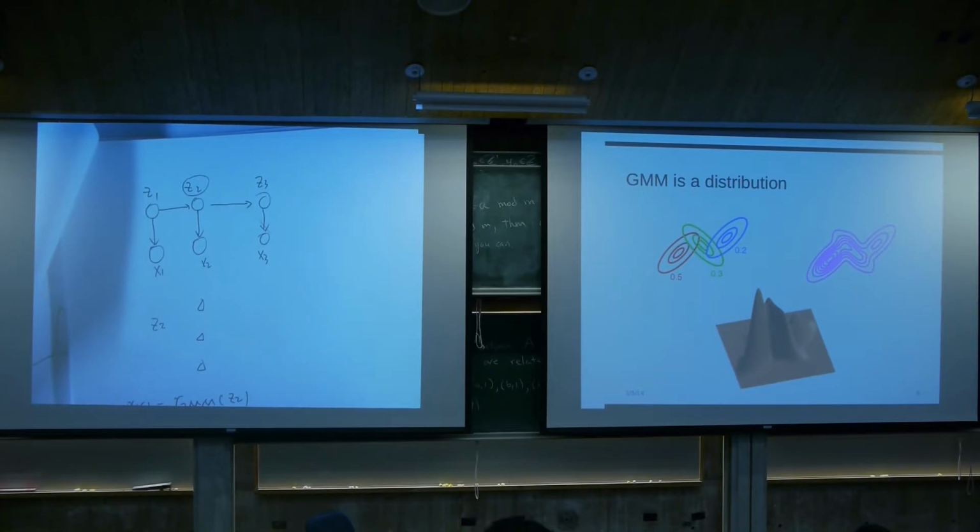So if you assume that in your data there are clusters, that there are multiple modes of the distribution of the data, you want to use a Gaussian mixture model to model them.